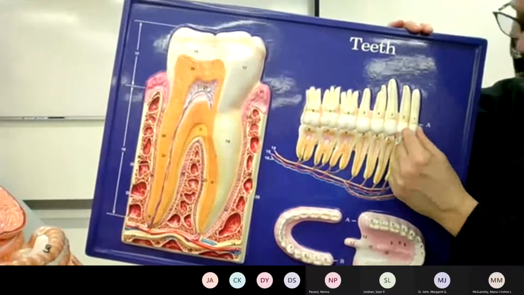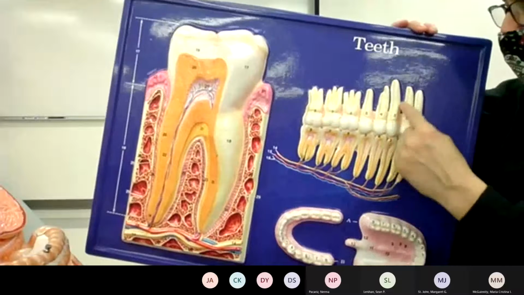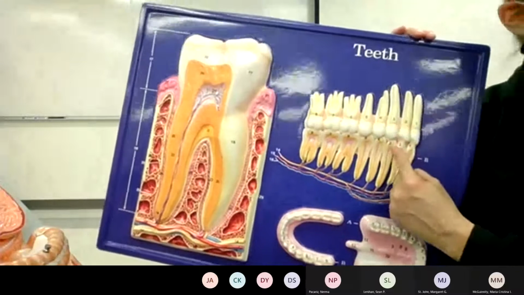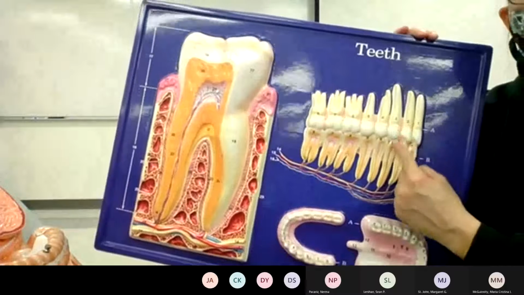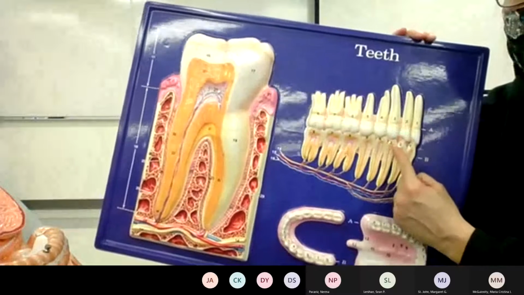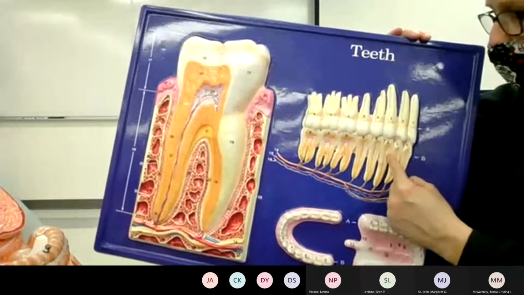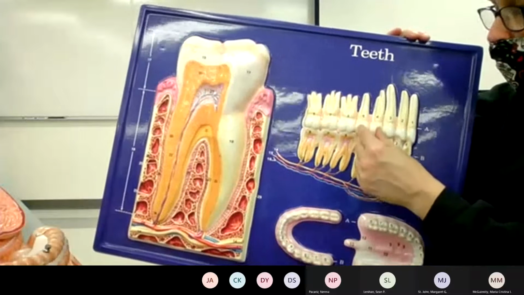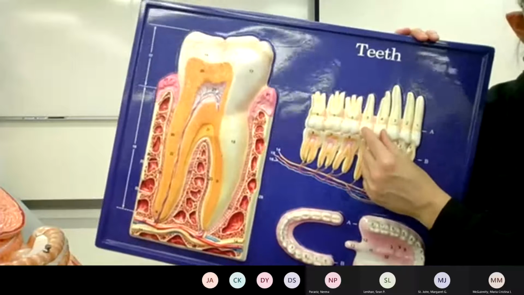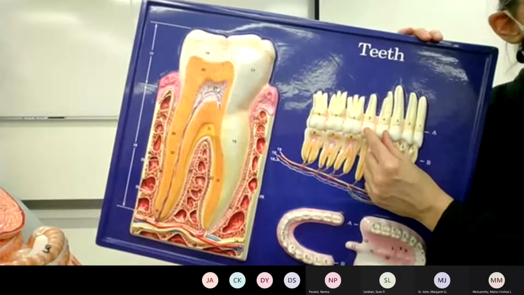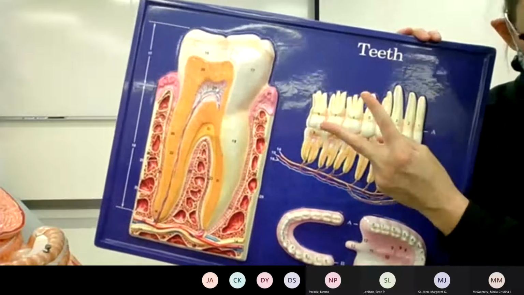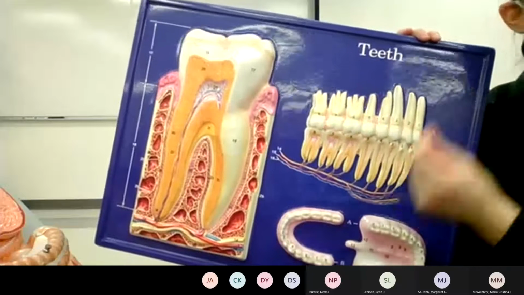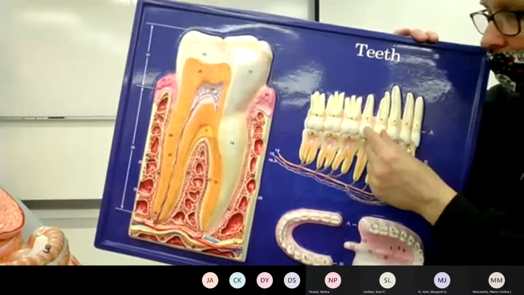Then you usually get a pair each on top and bottom of the canines, the Dracula teeth, the dog, the saber tooth, the ones we think of. And then 4 and 5 tend to be our bicuspids, because they might start to have 2 roots, or our premolars.